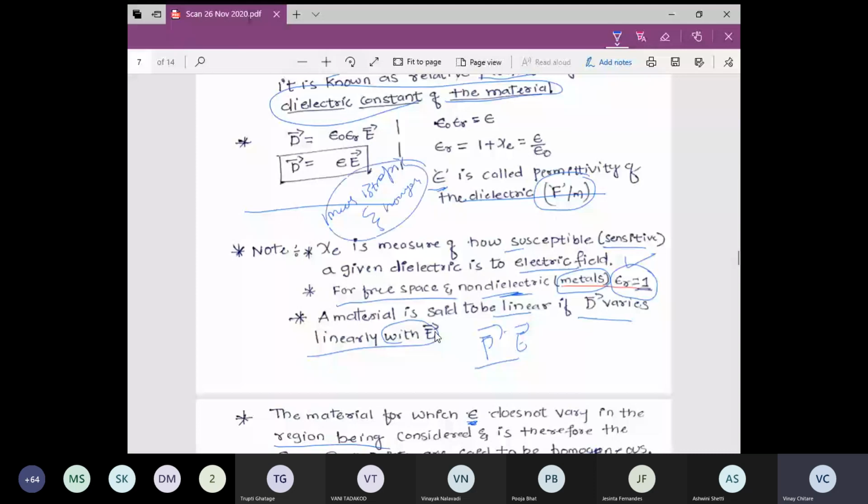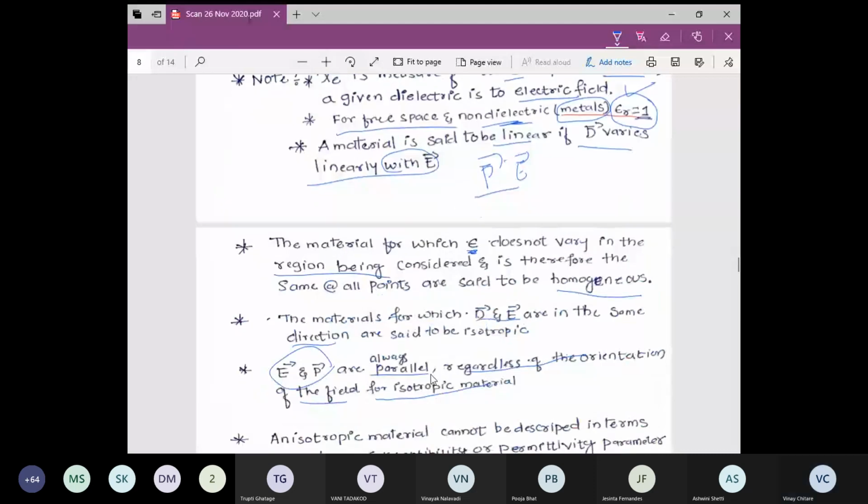When I say linear, the relationship between P and E, or D and E, is linear. When I say homogeneous, the value of epsilon is the same at all points. And when I say isotropic, E and P, and D and E, are in the same direction regardless of the orientation of the field applied.